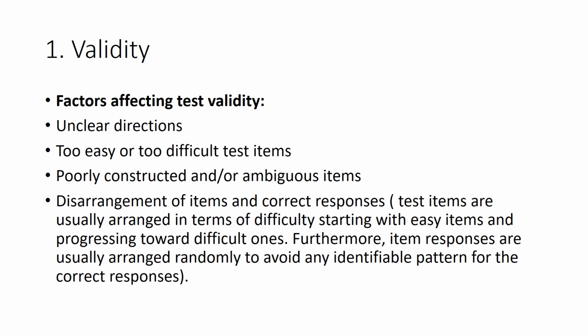You should not arrange them according to a certain pattern in order, because this way you are going to motivate your students to guess. So if you are arranging your test items or response items in this way, your test is going to be valid. But if you do not follow this procedure in arranging your test items, your test is said to be not valid or to lack validity.